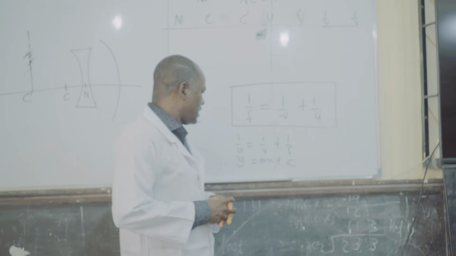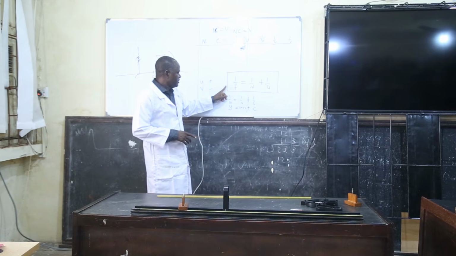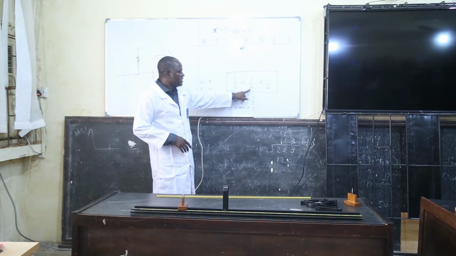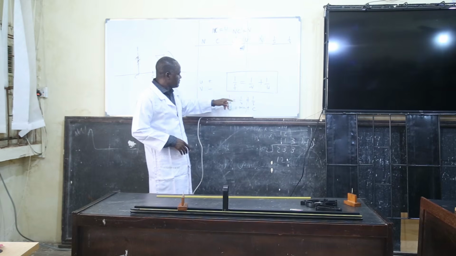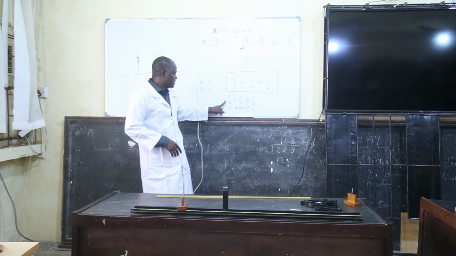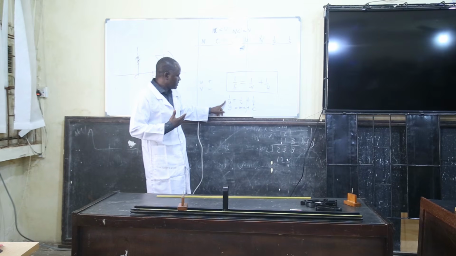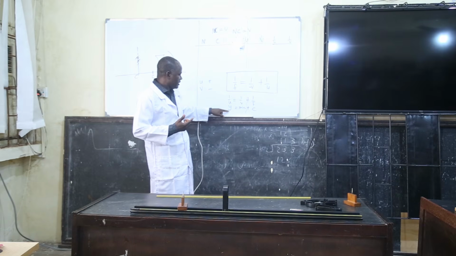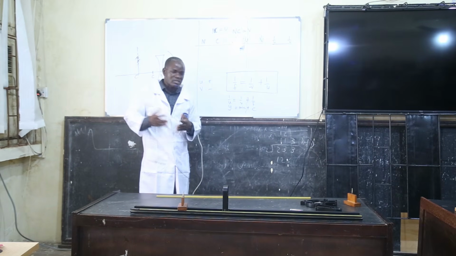Then we can plot a graph. We can rearrange this equation in such a way that, don't forget, V is negative, U is positive. So what I've done is we can move this to the other side, and we have this equation that we can compare with the general formula, the equation for a straight line, that is y equals mx plus c.